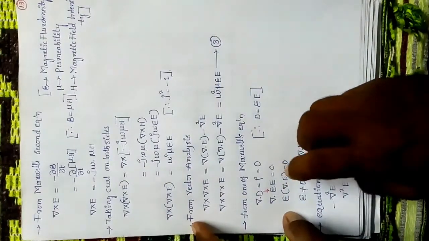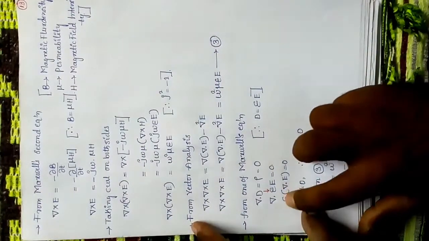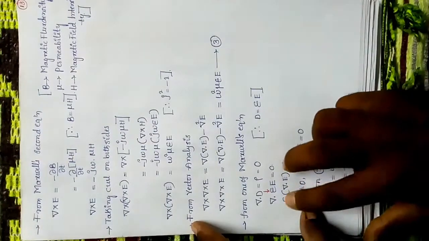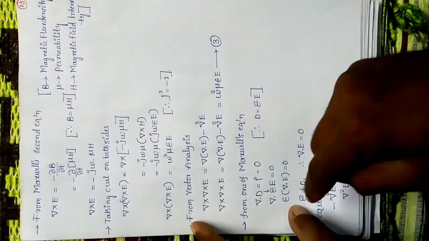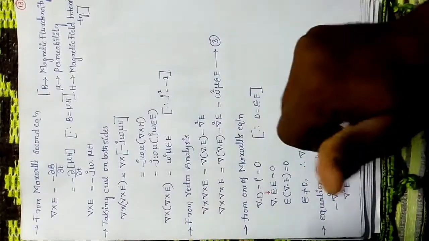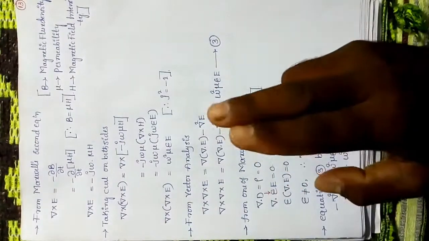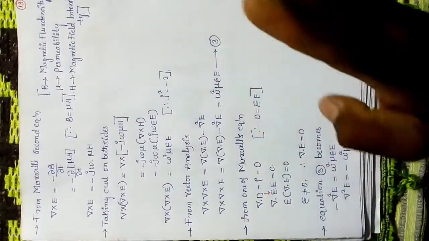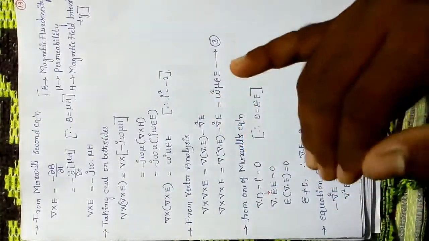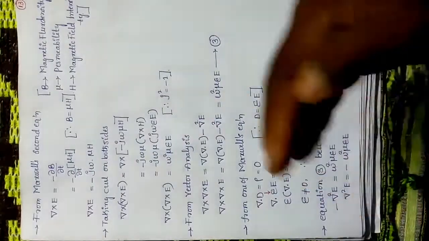From this expression, epsilon is a constant, so it is not equal to 0. For example, if epsilon were 0, what is the use of the constant? So always remember, a constant is not equal to 0. Simple logic.